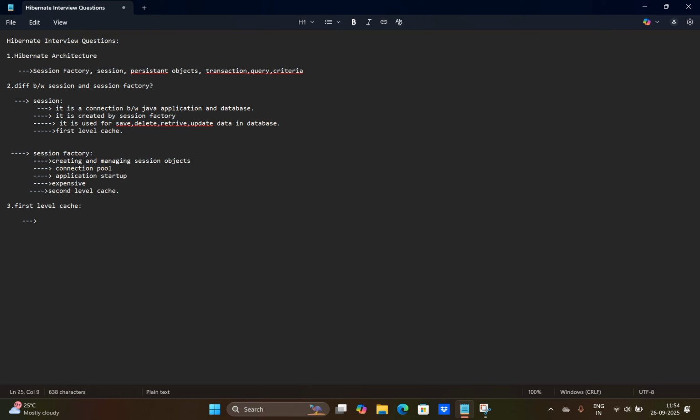Well, coming to the first level cache, my important points are like this. Actually, it is the initial cache that Hibernate checks before retrieving an object from the database. This cache is maintained at the session level and enabled by default in Hibernate.